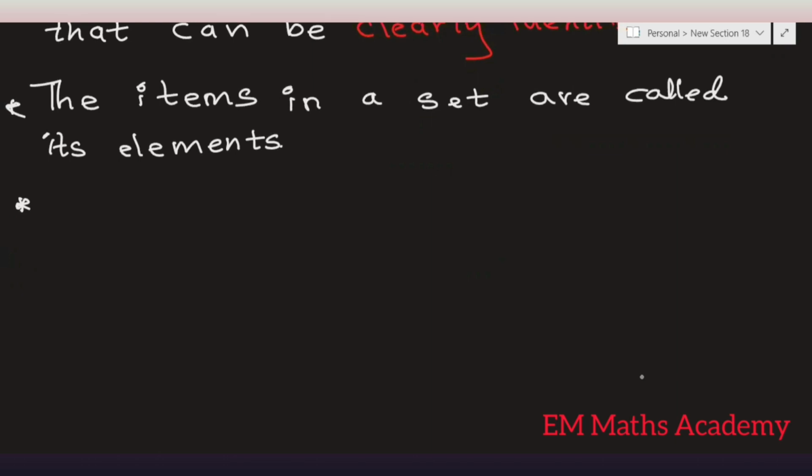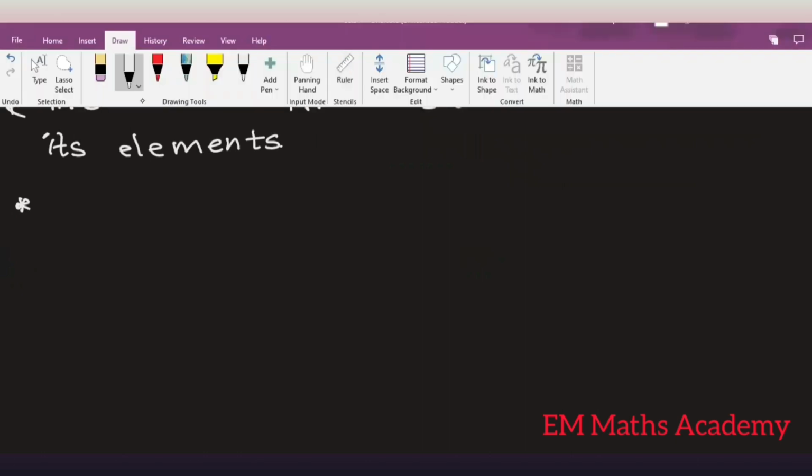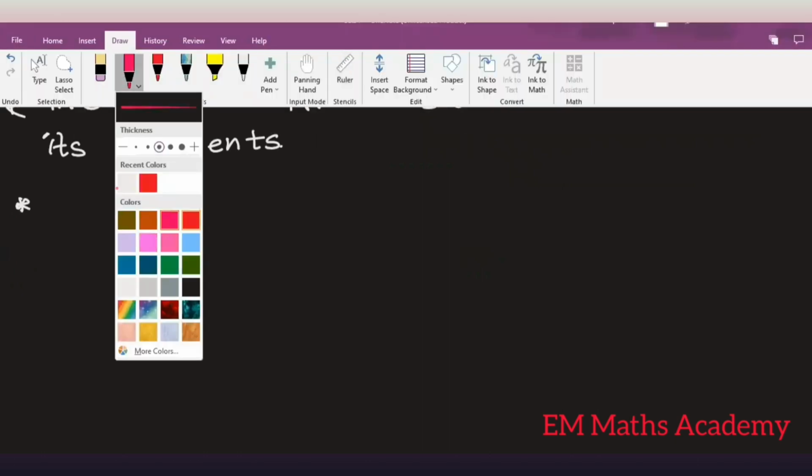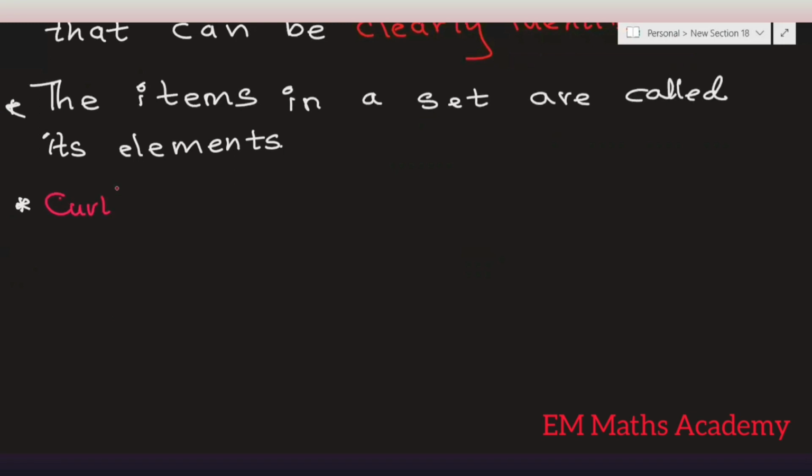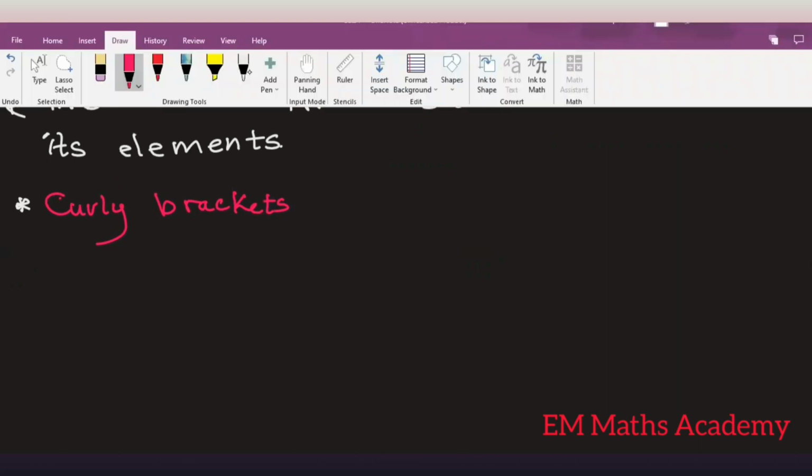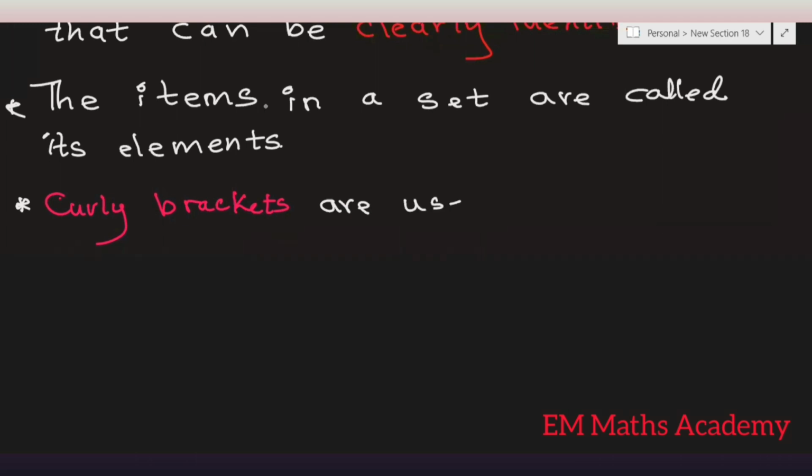Then when we write a set using its elements, we use a special thing. What is this special thing? Curly brackets. Curly brackets are used to represent a set.